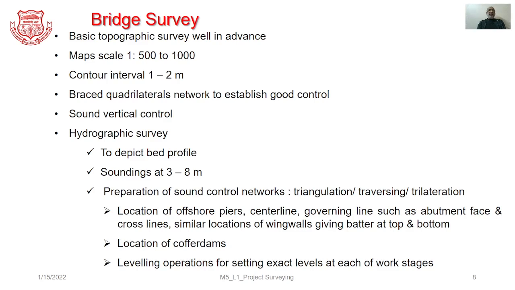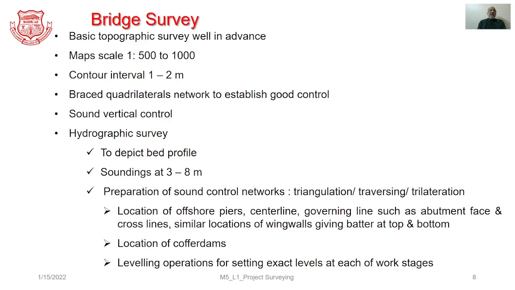Just to get acquainted with the various things that we discussed in our earlier slides, let's consider this particular bridge survey. As a part of the project survey, a basic topographic survey is conducted well in advance.